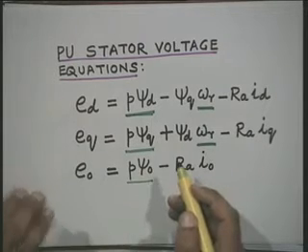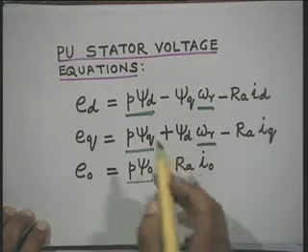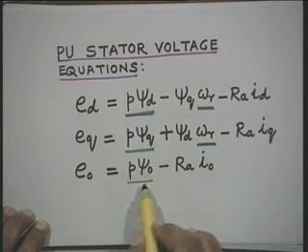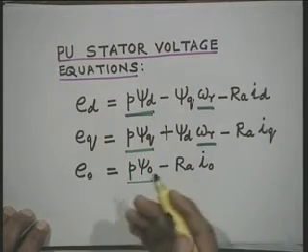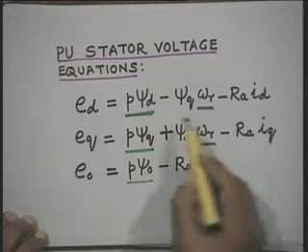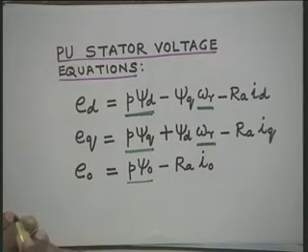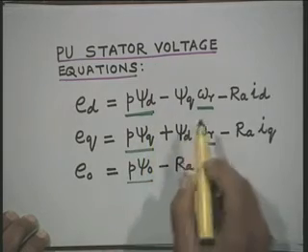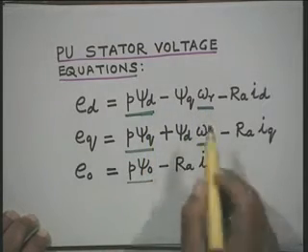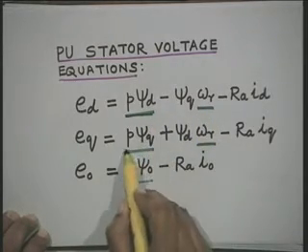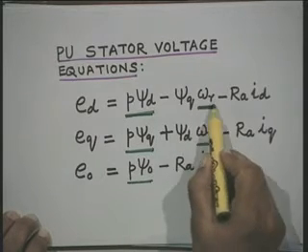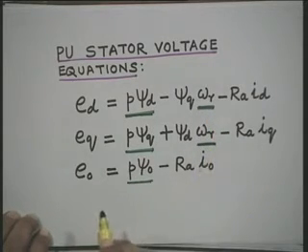That is, if you analyze the system performance neglecting only the p psi d term, p psi q term, p psi o term, okay. Second time you do the studies neglecting both these terms, by making the second assumption, that is we are neglecting the transformer voltage terms or stator circuit transients and assuming the rotor speed to be equal to the synchronous speed.